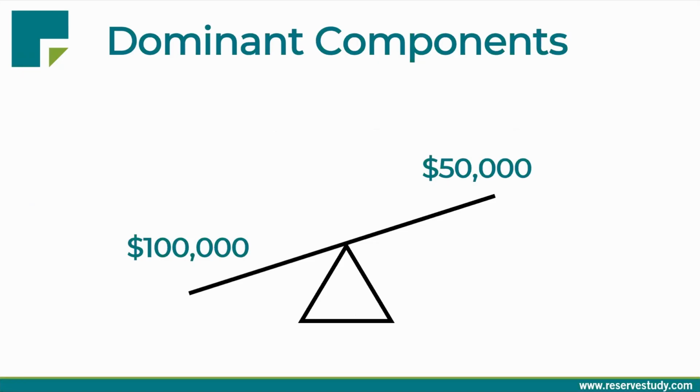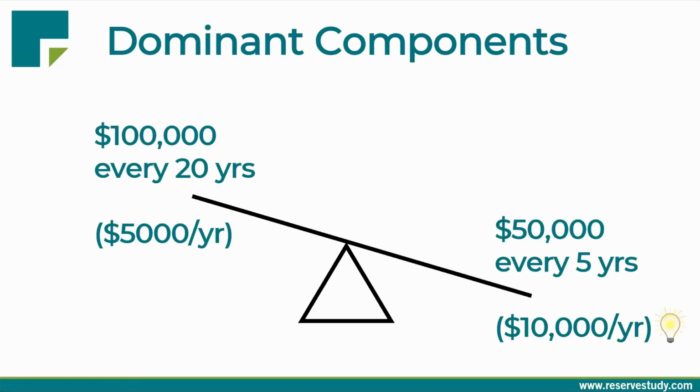However, when we take a look at frequency, say this $100,000 component is the roof, and say the $50,000 component is paint. We can see how that plays out when we take a look at the frequency of these projects. A roof may last for 20, 25 years, and painting should be factored, depending on the material, somewhere around 5 to 10 years.